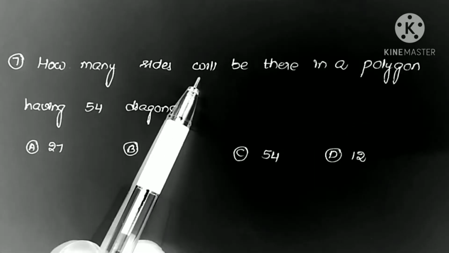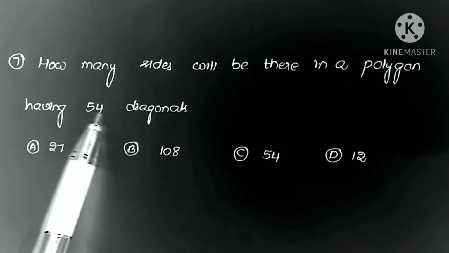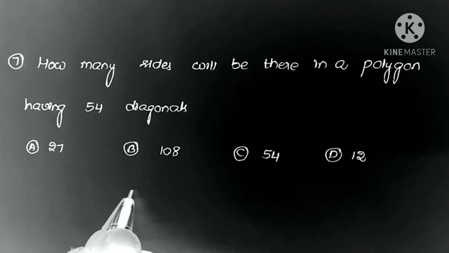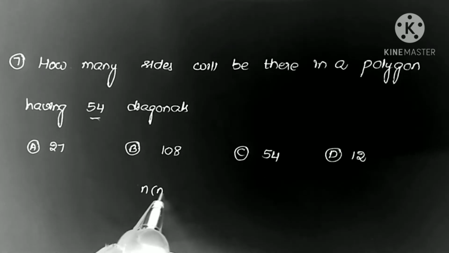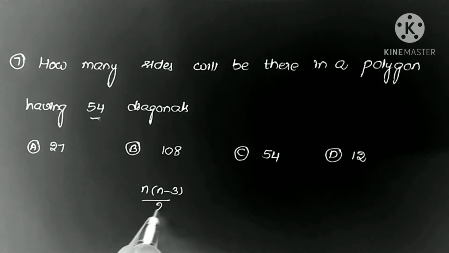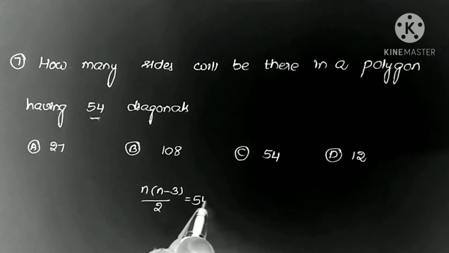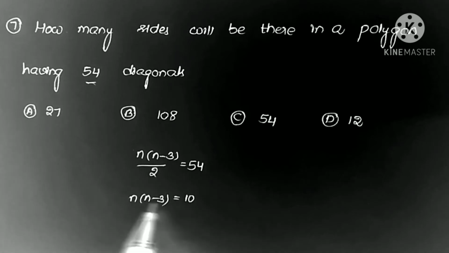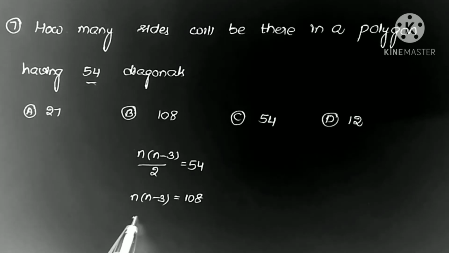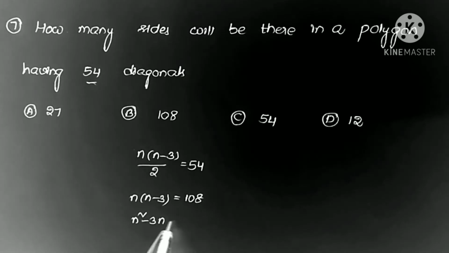Next problem, how many sides will be there in a polygon having 54 diagonals? So the number of diagonals is equal to 54. What is the formula for the number of diagonals? n into n minus 3 by 2. So n into n minus 3 by 2 is equal to 54, then n into n minus 3 is equal to 108, that is n square minus 3n minus 108 equal to 0.